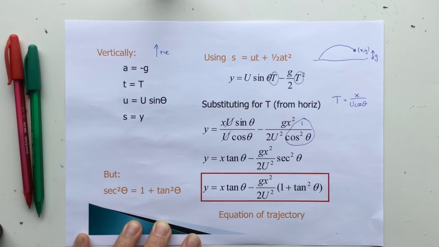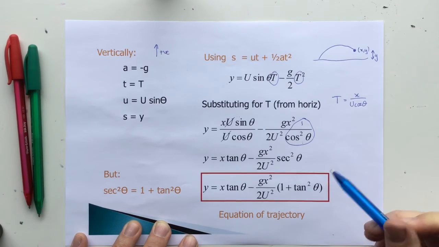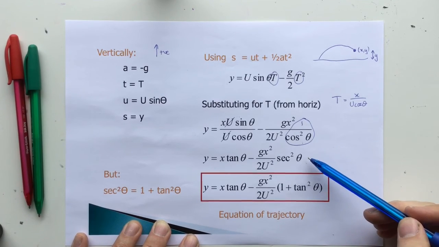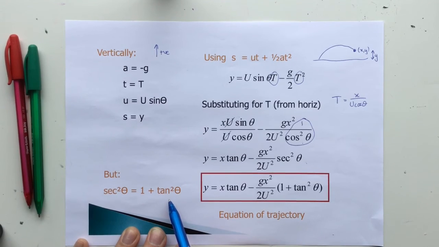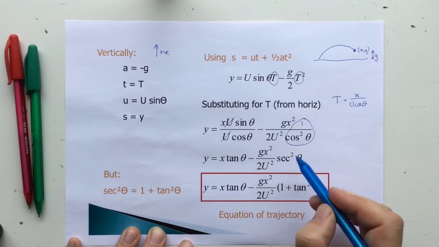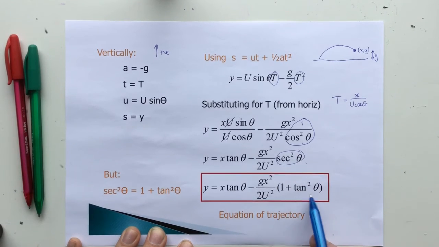And finally, we're nearly there. Sometimes you'll see this as the equation of trajectory, but we also know from our trig identities that sec squared theta is 1 plus tan squared theta. So quite often you'll see this sec squared theta replaced with 1 plus tan squared theta. And that's very helpful because it means that everything is in terms of tan theta, which is quite neat.